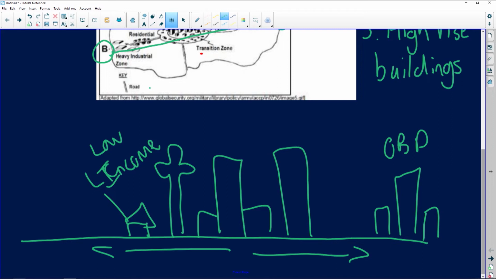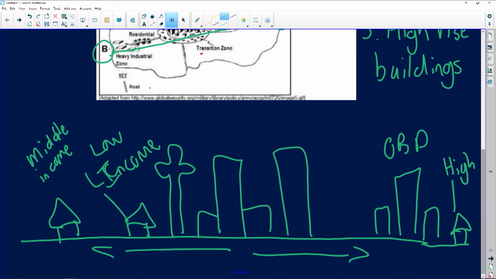And next to the low-income residential areas, we usually have our middle-income residential areas. And usually furthest away, we have our high-income residential areas. And on our rural-urban fringe, let's just quickly define the rural-urban fringe.